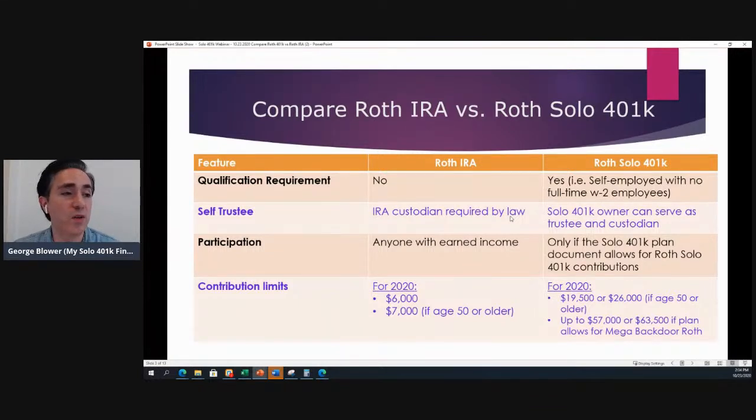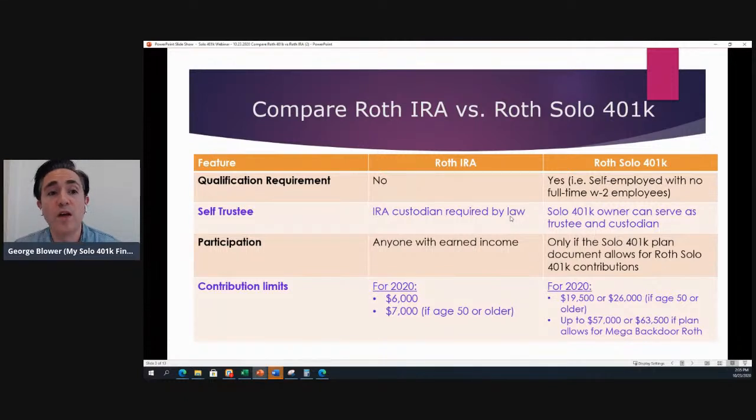Contribution limits, that's another really big difference. With a Roth IRA for 2020, the limit is $6,000 or $7,000 if you're 50 or older. Whereas with a Roth solo 401k, you can contribute as a Roth solo 401k contribution $19,500 or $26,000 if you're 50 or older.